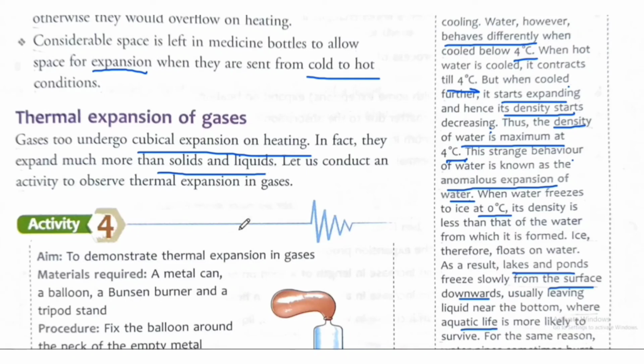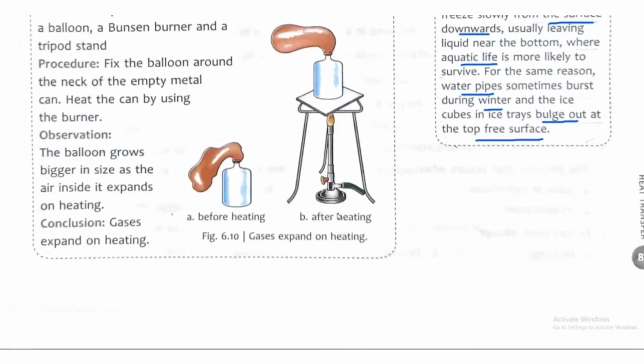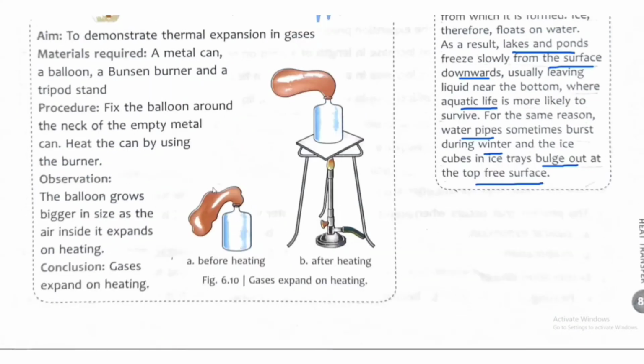Students, in this activity, the thermal expansion in gases is shown here. In this activity, a balloon is tied around the neck of an empty can, and the empty can is heated for some time. After being heated, it is observed that the balloon is growing bigger in size.